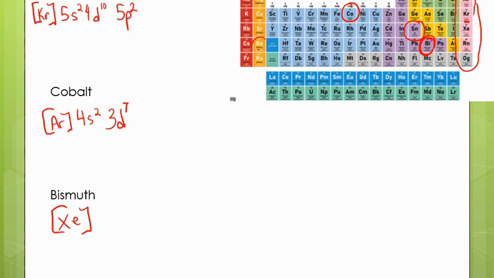Here is cesium and barium. So this is 6. I'm in the S block. I need both electrons. Now, after barium, remember we go down here. And remember that this is period minus 2. So this is going to be 4F, and I need all of those. So that's 4F14.